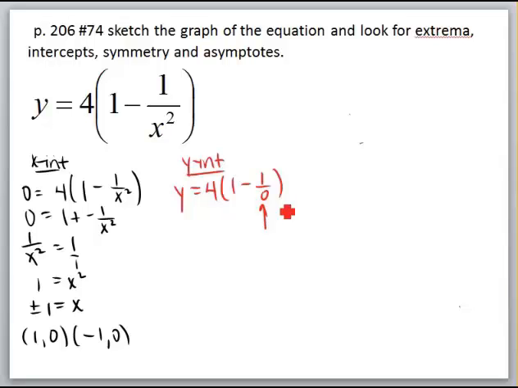So there is no y-intercept. Moving on then, we would see there is no y-intercept because if I look at this closely, I've got vertical asymptotes, and vertical asymptotes occur where the bottom equals 0. So I would have a vertical asymptote at x equals 0.